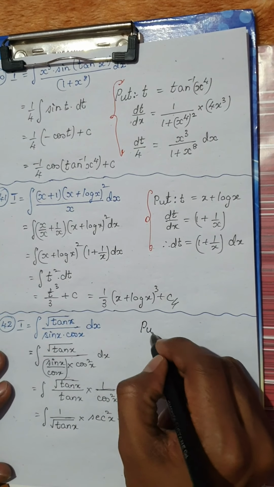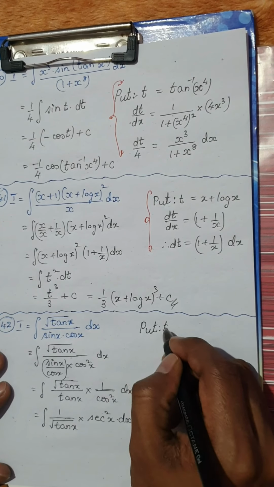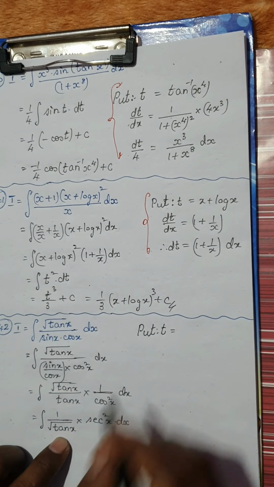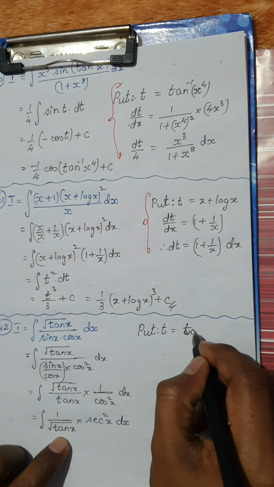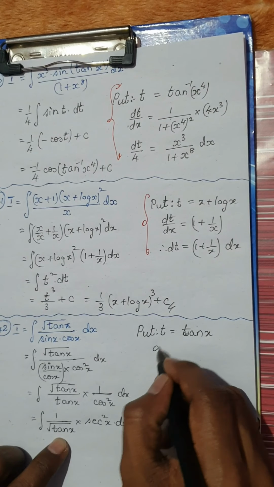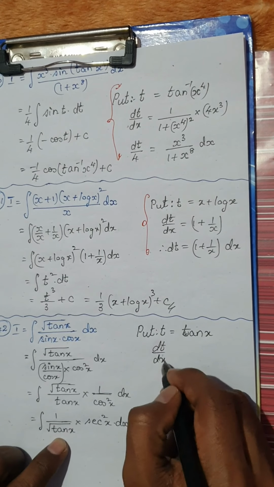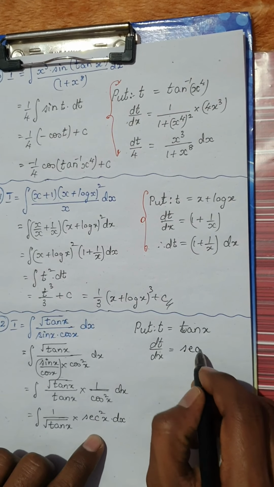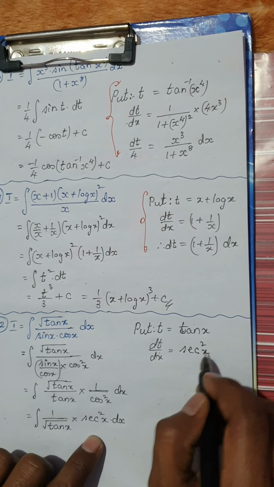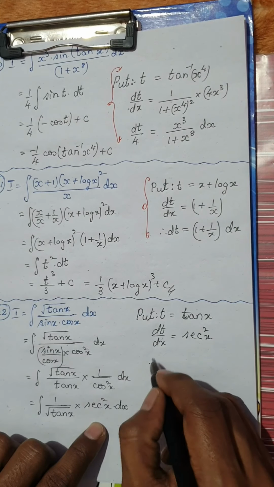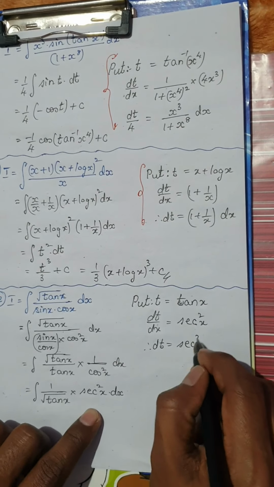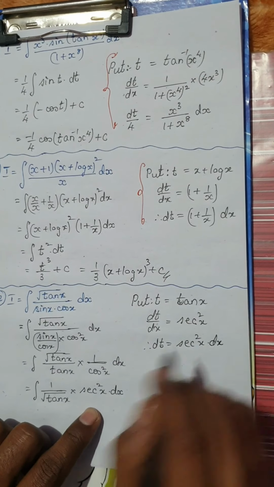Let me put t is equal to tan x. Now differentiating, dt by dx would be the derivative of tan, which is secant square x. Therefore dt would be secant square x into dx.